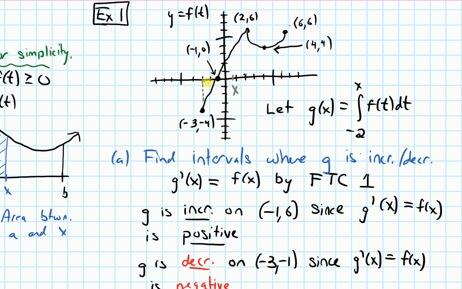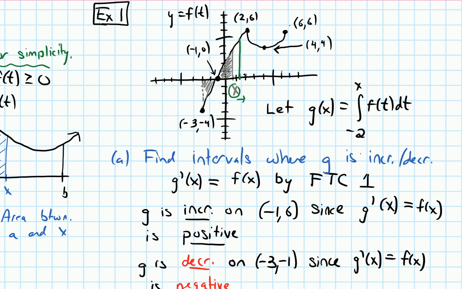So if we were looking at that area, we would be looking at this whole section, which is counted as a negative area because it's below the x-axis, and this whole part. And at that x value, g is increasing because if we made x get a little bit bigger, if I moved it a little bit that way, let's say I moved it to here, and now I looked at how the area changed?